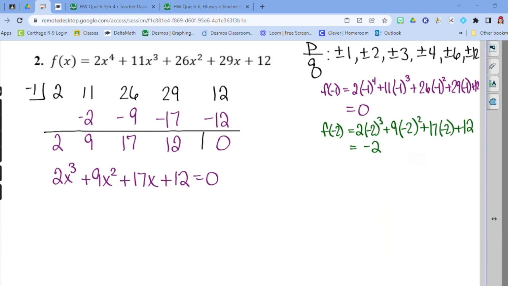All right, so if we keep going, negative 2 did not work. So I'm going to go back and try, let's try negative 3. 2 times negative 3 cubed plus 9 times negative 3 squared plus 17 times negative 3 plus 12.